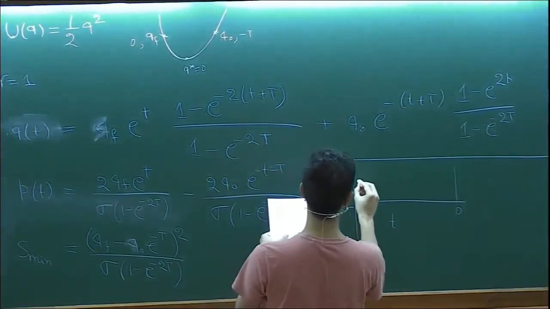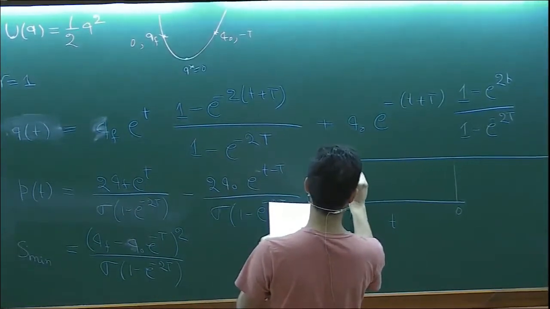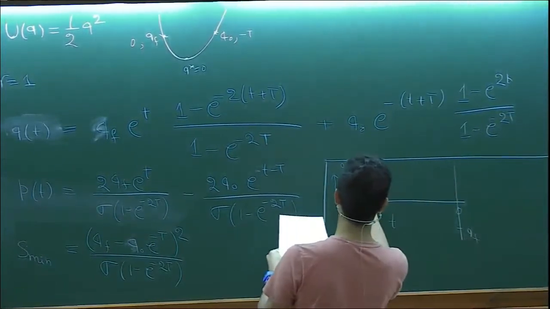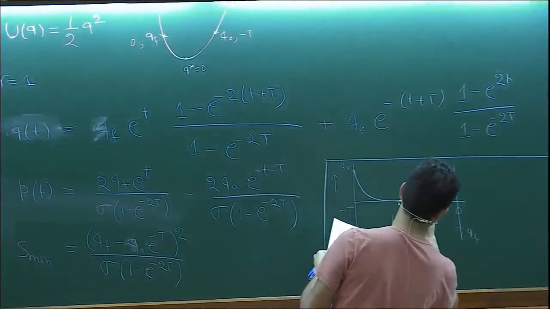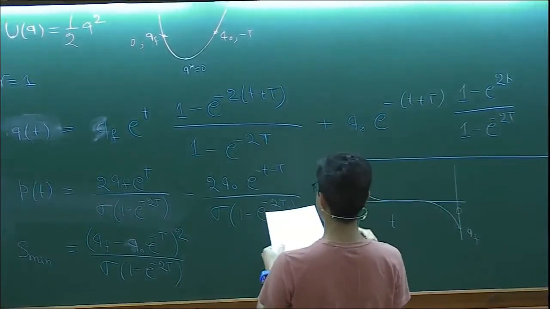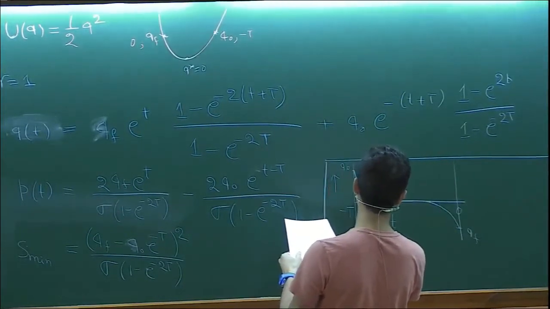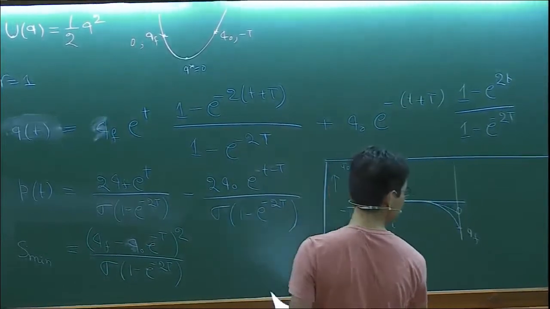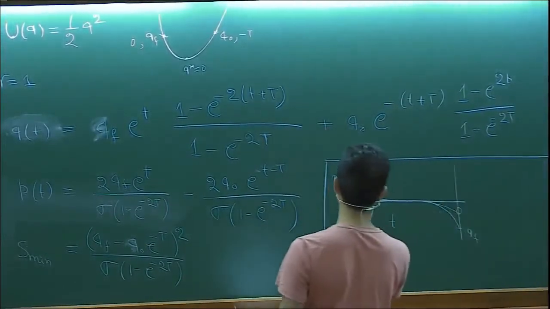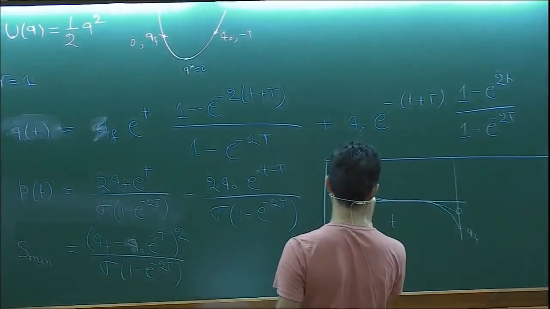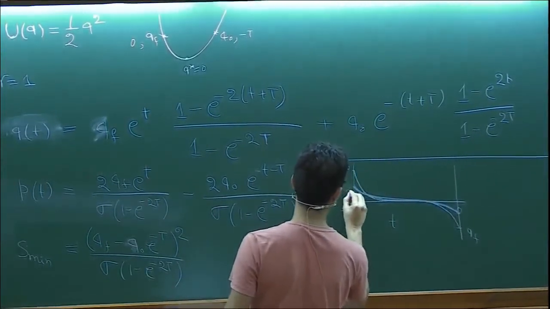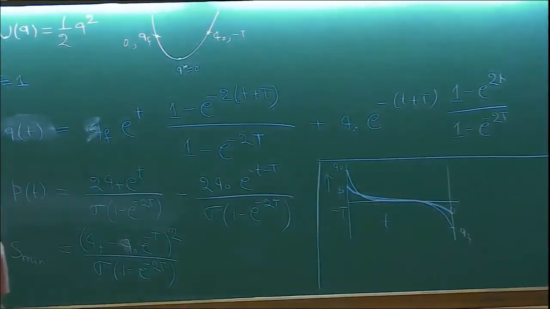So for the case of Q, it started at Q0, and to go to QF, what it does, and similarly for the P, it also does something similar. This is for P. Okay? So you could see what the system is doing.